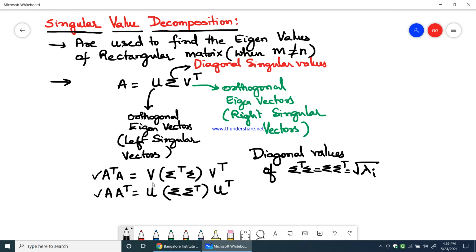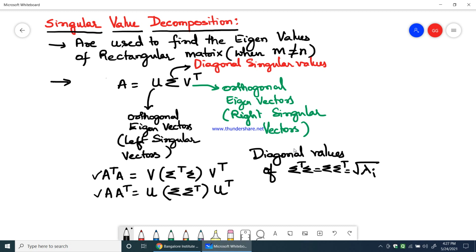Now we have a sigma in between U and V transpose, which is a diagonal matrix of singular values. These diagonal values are found by taking the square root of the eigenvalues that we get in the problem. We write the diagonal matrix like we wrote it in the square matrix case earlier, in the diagonalization process.